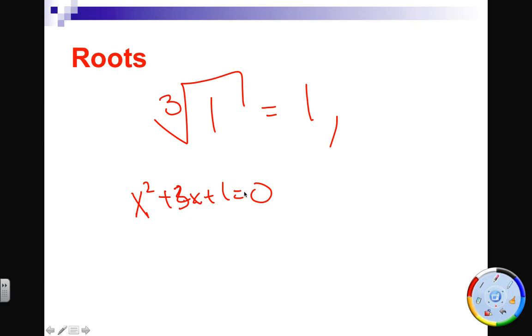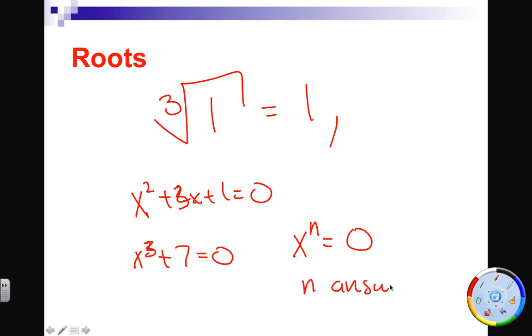Well, sometimes they're imaginary. The fundamental theorem of algebra actually says this: x cubed plus 7 equals 0. There are 3 answers to this statement. Again, something might be complex. Again, it continues to this: x to the nth power equals 0. There are n answers.